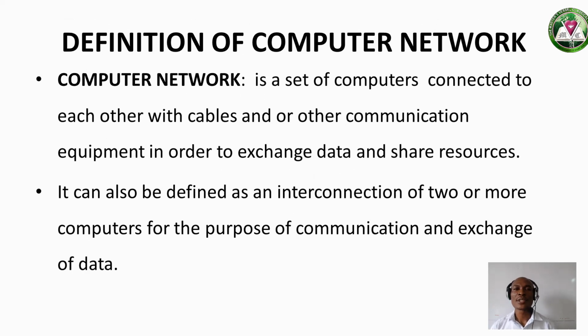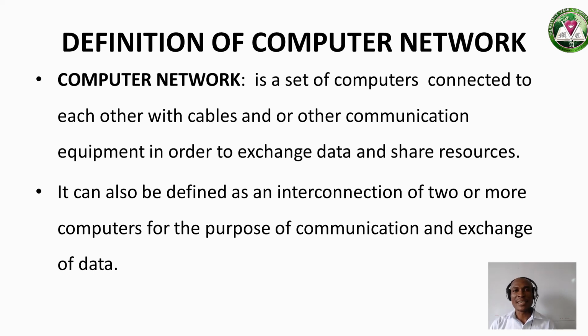Computer network. When we talk about computer network, one computer cannot form a network. To form a network, you must have 2 or more computer systems. And for you to now say that these 2 or more computer systems are in a network, they must be interlinked.